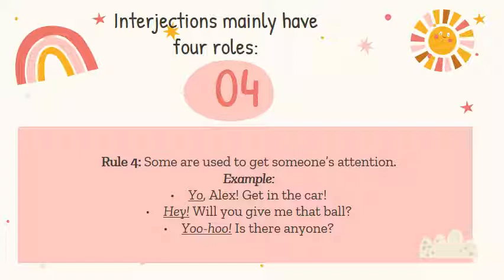Rule number 4. Some are used to get someone's attention. Like the example: Yo, Alec, get in the car. Hey, will you give me that ball? Yoo-hoo! Is there anyone? Trying to get attention.